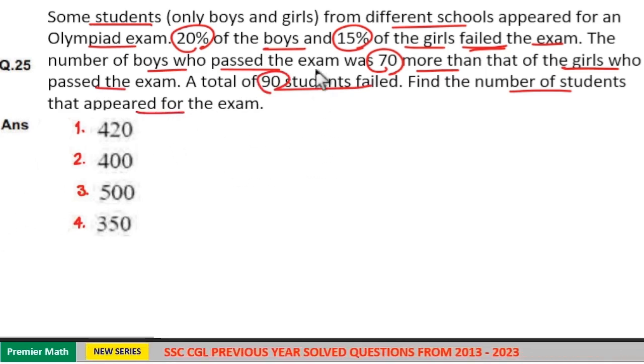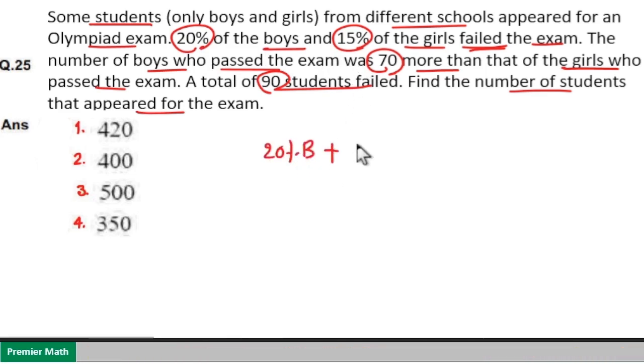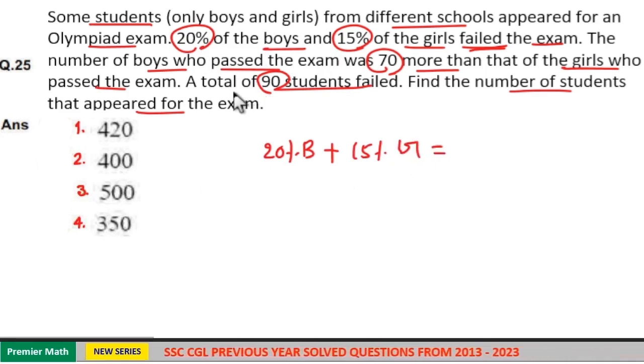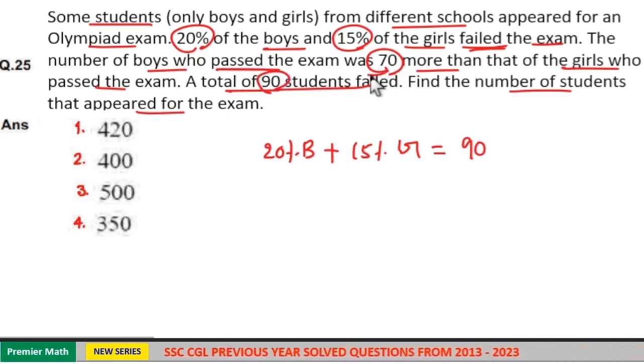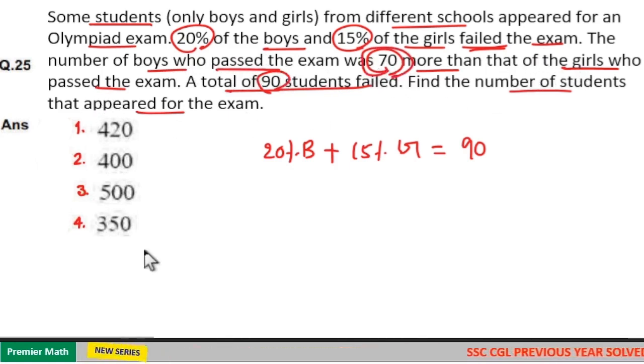Here 20% of the boys plus 15% of the girls failed the exam. Total number of students failed is 90. So this is equal to 90. And here the number of boys who passed the exam was 70 more than that of girls who passed the exam.